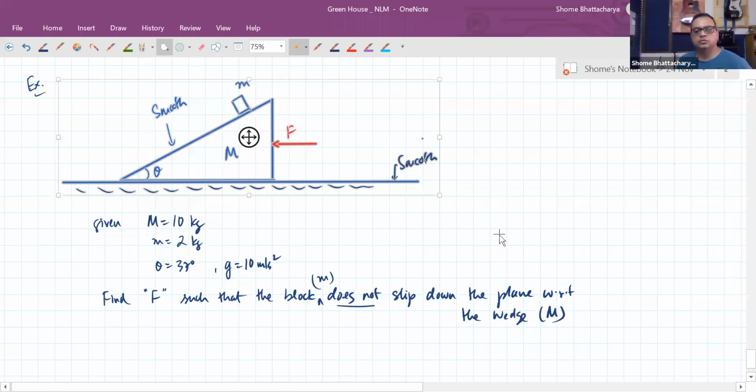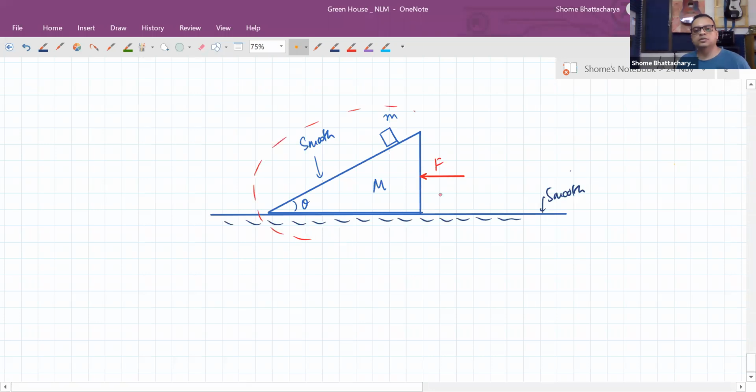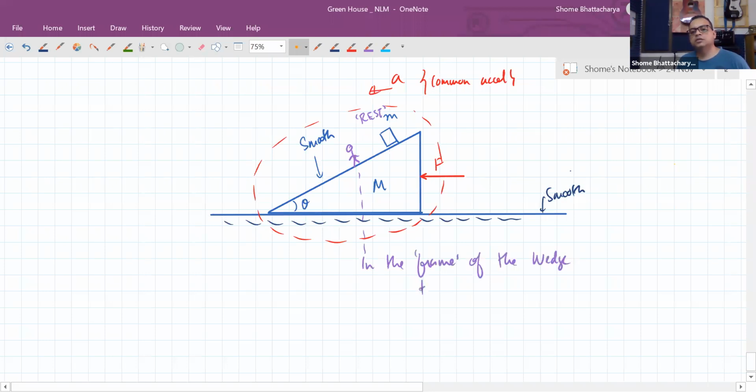So what we want is that this whole system moves with a common acceleration a, because as far as an observer on this frame is concerned, to this observer, this will look like it is at rest. Okay. In the frame of the wedge, okay, the block should look stationary.